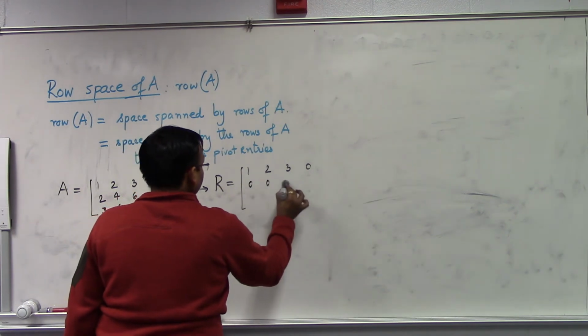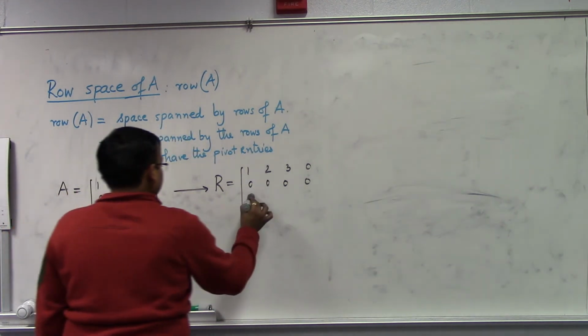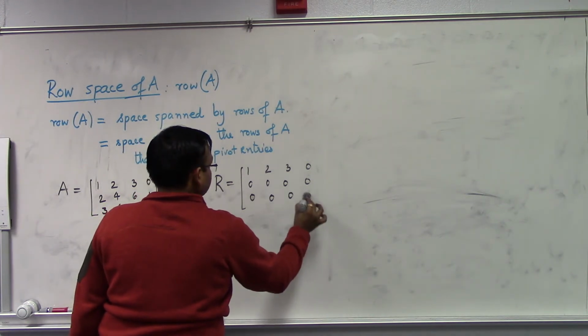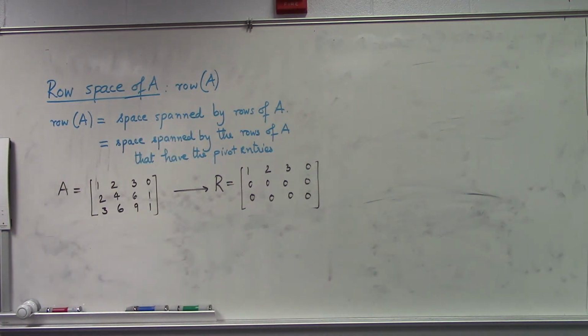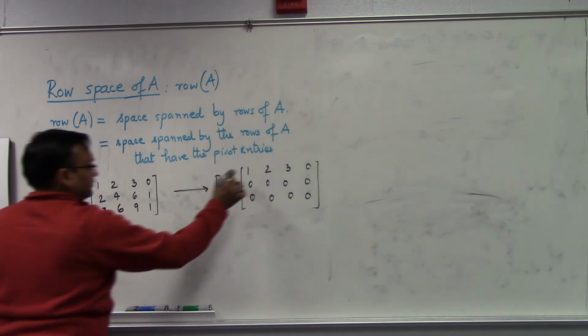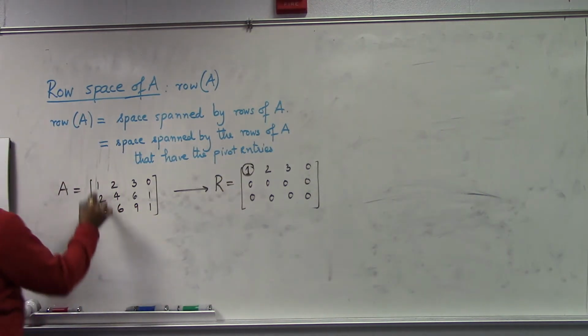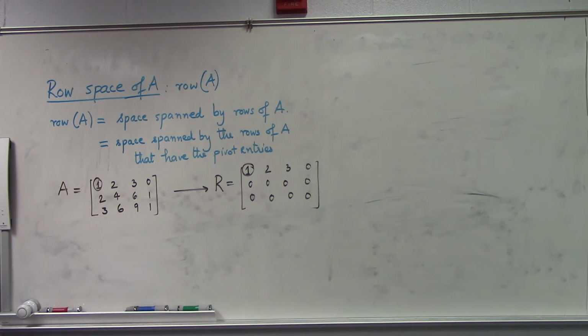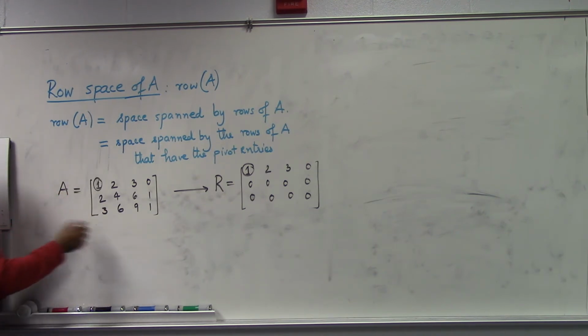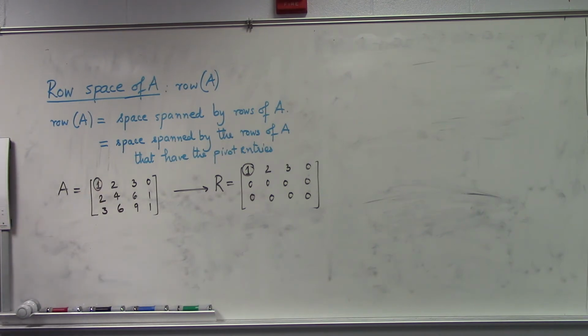This will give me a 0 row, and this will also give me a 0 row. So here is my pivot entry, so this is my only pivot column. There is only one pivot, and basically this tells me that the rank of this matrix A is 1. If I wanted the column space, forget about row space for a moment, I would say the column space would be spanned by one vector, the pivot column vector.